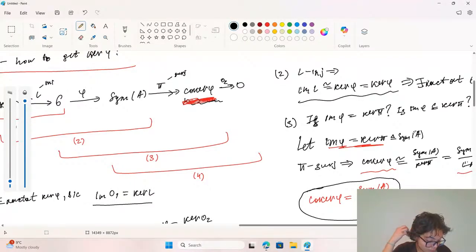So what did we get here? What does it mean? I got some of my own interpretations. What does it mean being exact at symmetry of A?